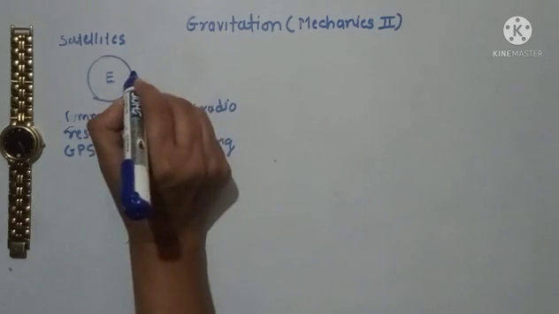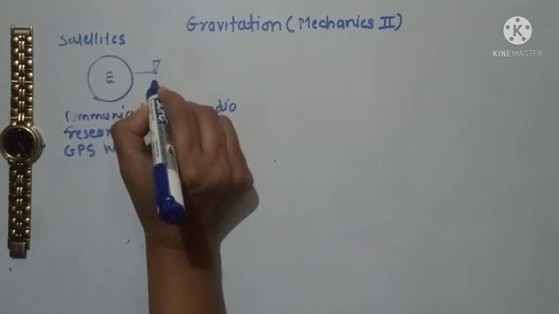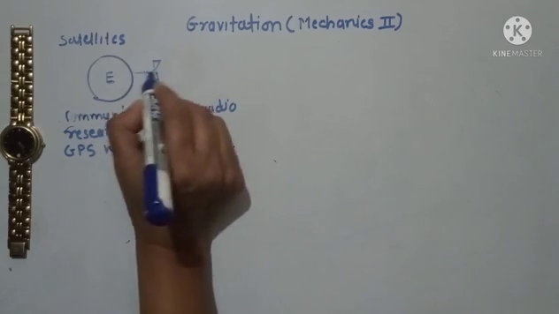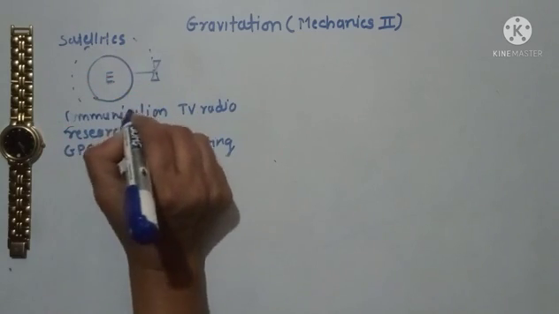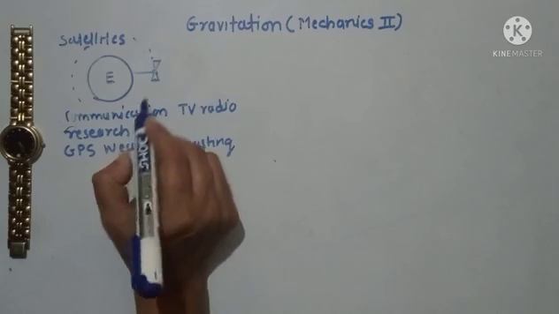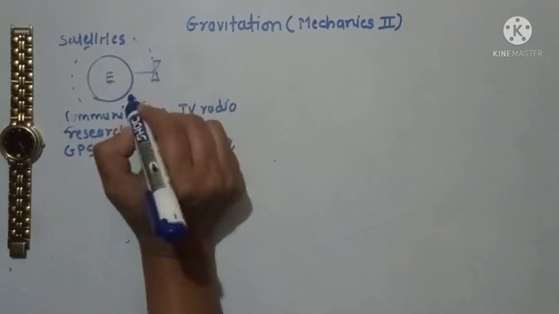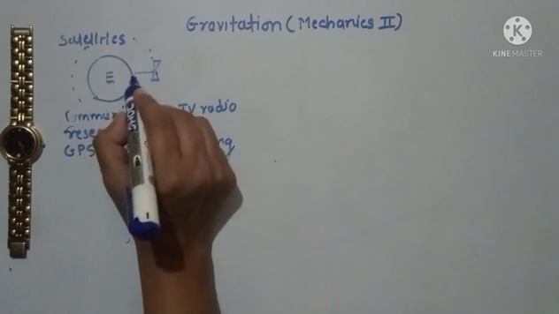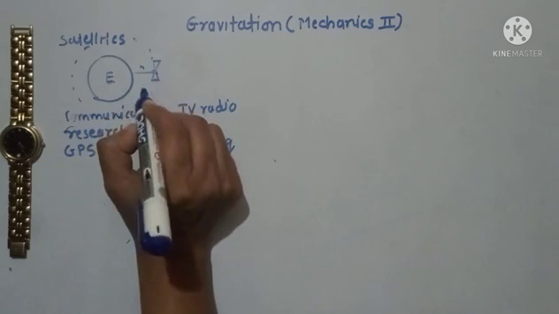If you are launching a satellite at a particular height in a circular orbit, it will start revolving in a circular orbit around the Earth, and this is nothing but the application of gravitation. We have to calculate how much force is applied on the satellite at a particular height h.